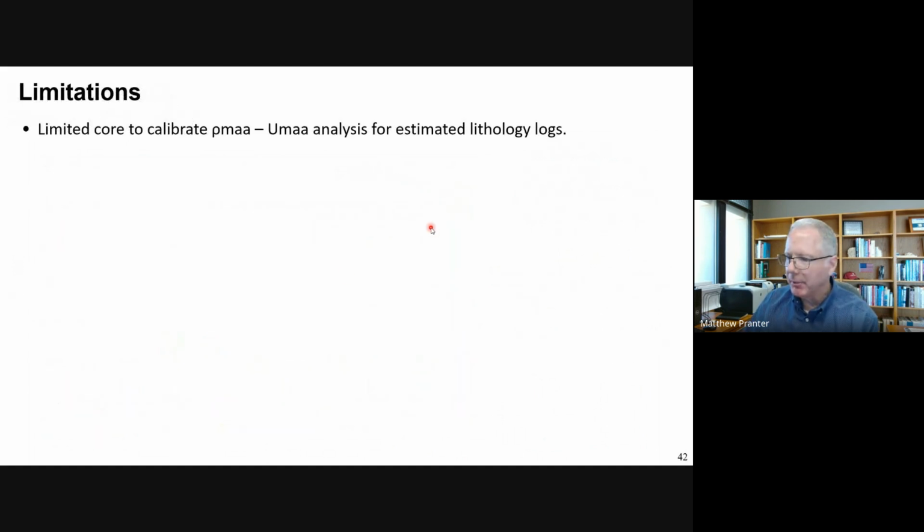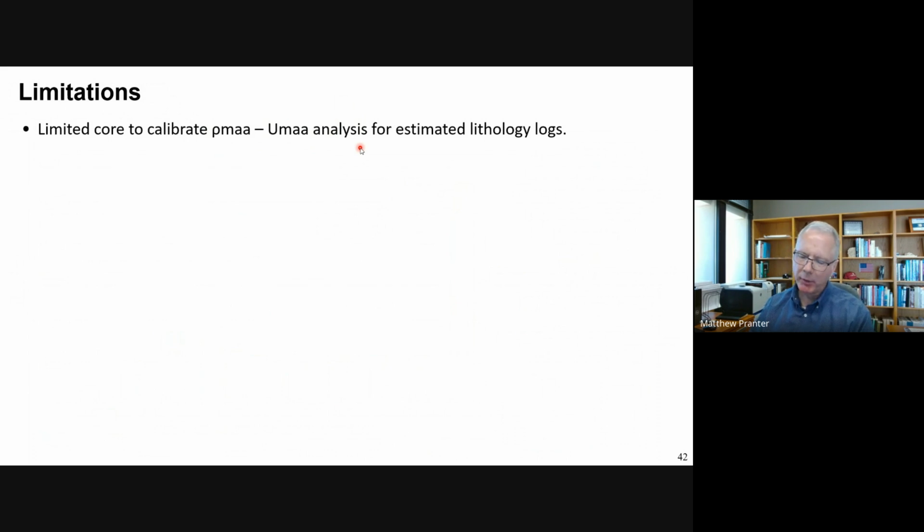So what are some of the limitations? I throw a lot of information at you, but there are always limitations. In terms of the limitations for this study, while it's very detailed, there's really limited core, especially for the Arbuckle, to help calibrate some of this multi-mineral estimation technique. We'd really like to have more information to calibrate this Roma-Human analysis.